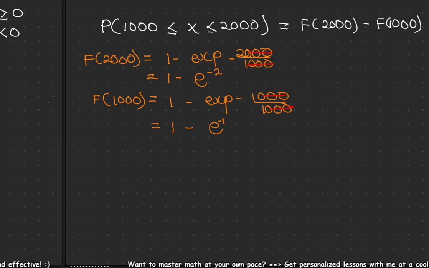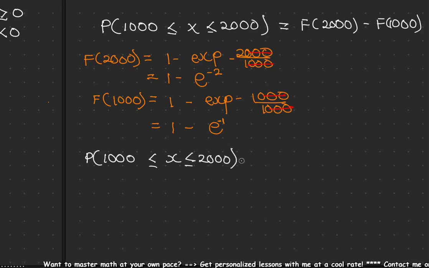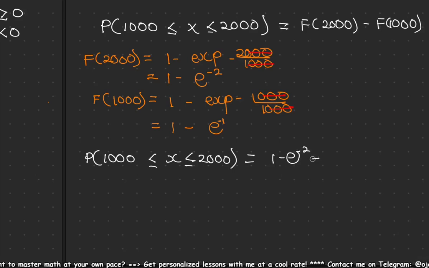So this simply means that the probability we are looking for of a random variable being between 1,000 and then 2,000 is going to be equal to that of 2,000 minus that of the 1,000, which gives us 1 minus e to the power negative 2 minus that of the 1,000, which was 1 minus e to the power negative 1.